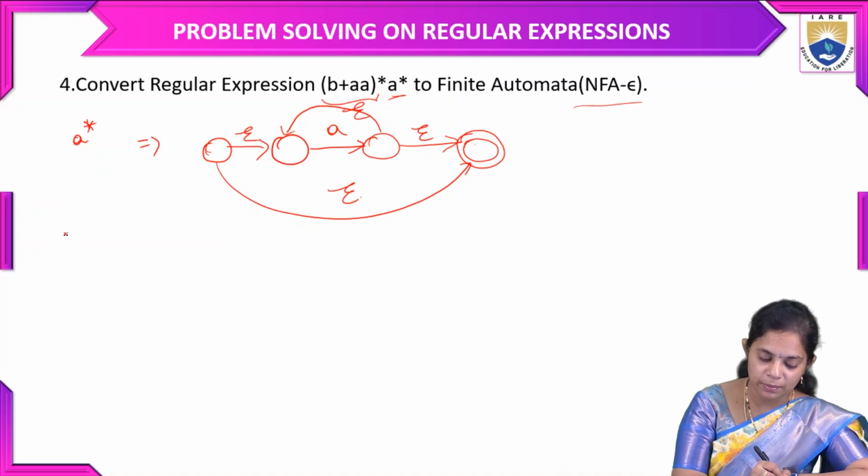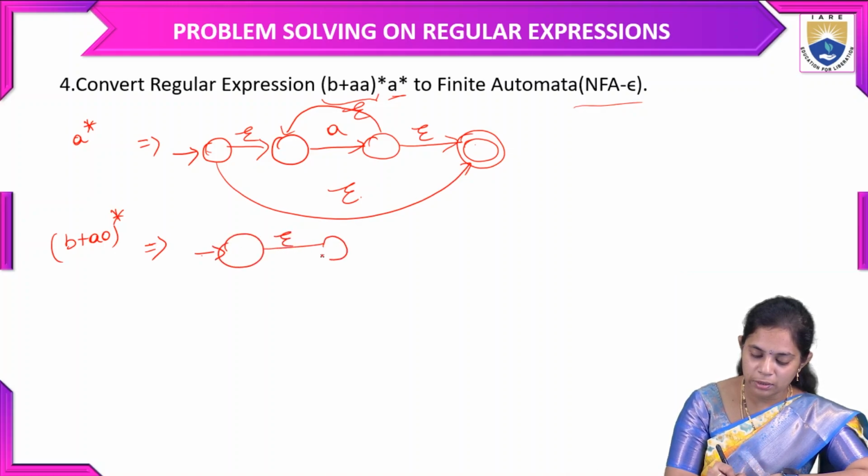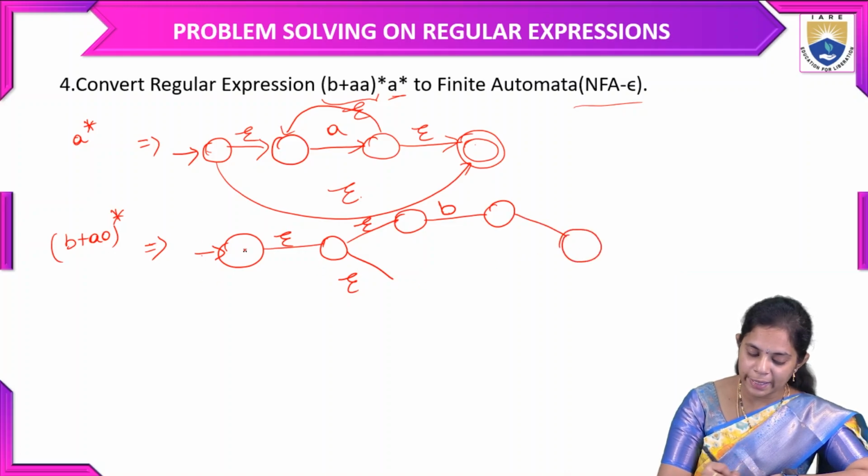And like this we need to write for the B plus A whole star. And how to represent? So here the start state and epsilon, and here two choices are there. So one is the B input, and it is reaching the one state, and here A is there.